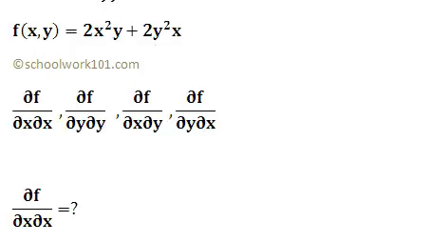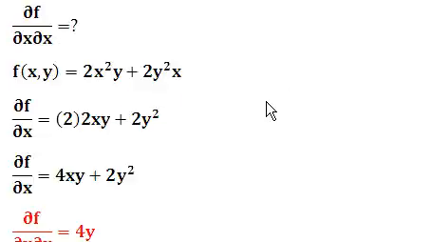It's been over a month since I actually worked this stuff out, and I'm just now getting around to recording it. So anyway, we're working this one here, and we're going to be looking for the partial of f over the partial of x. So that's what we're going to do first.